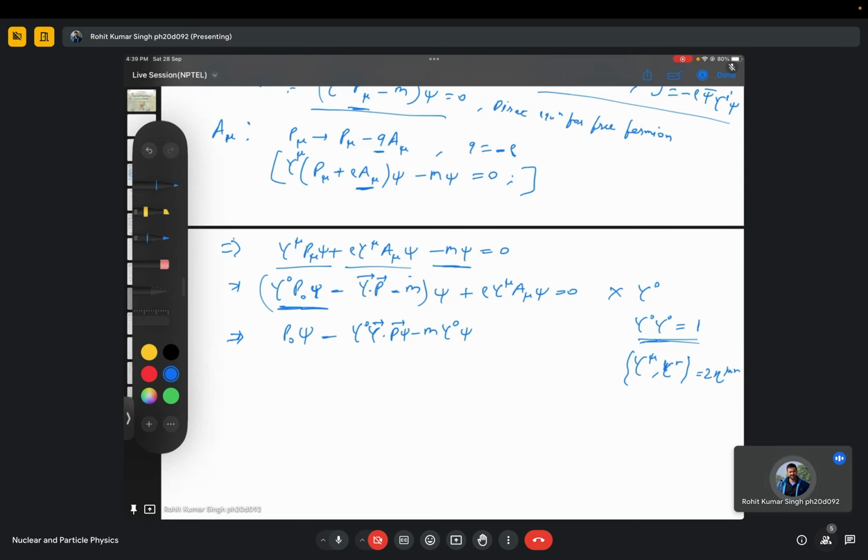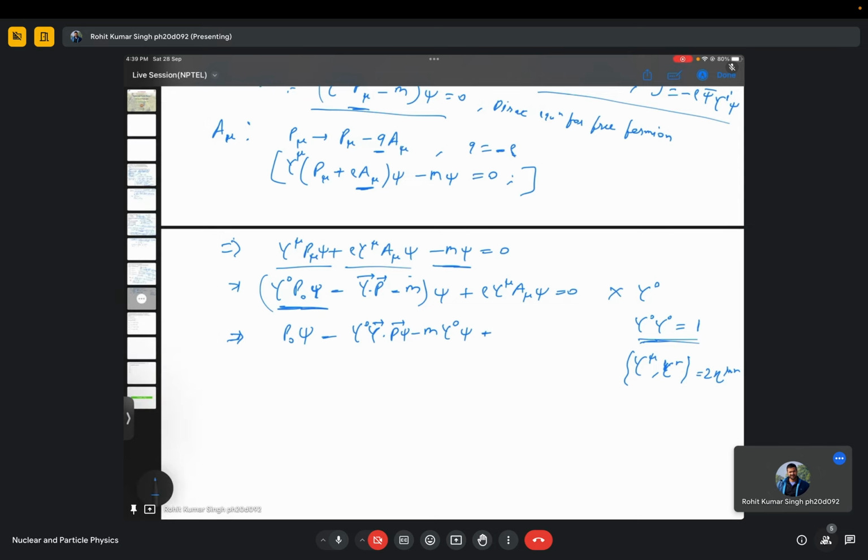Here is one psi, here is one psi, and here we have the same thing.